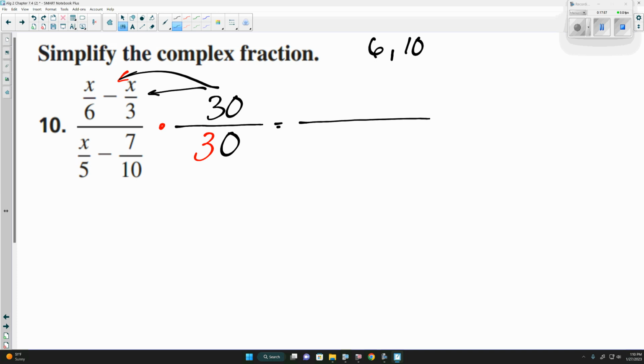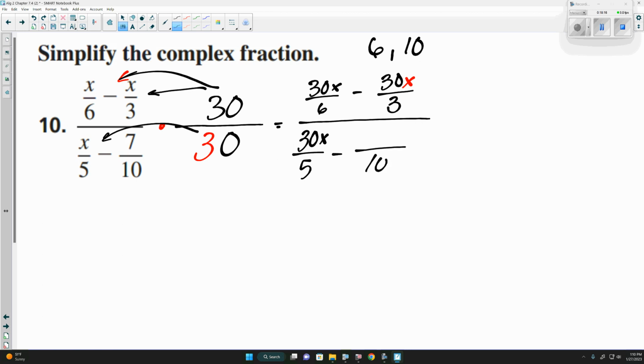So 30 times x over 6 is going to be 30x over 6 minus 30x over 3.